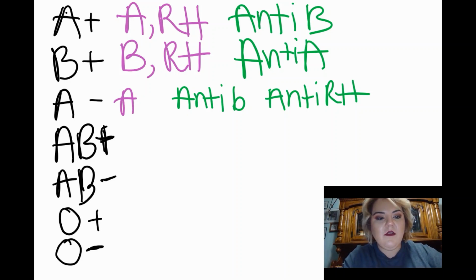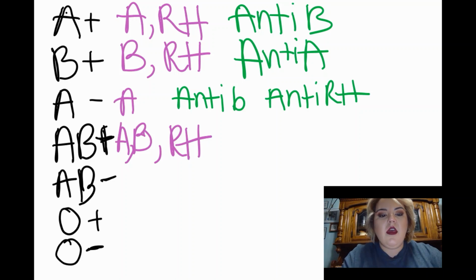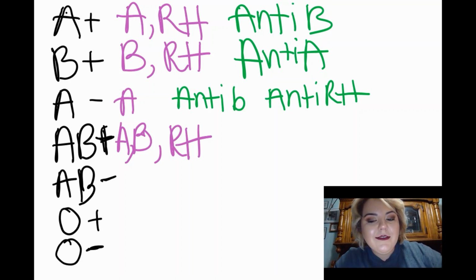AB positive will have A, B, and RH. Now, what antibodies would AB positive have? None, because it can take everything.